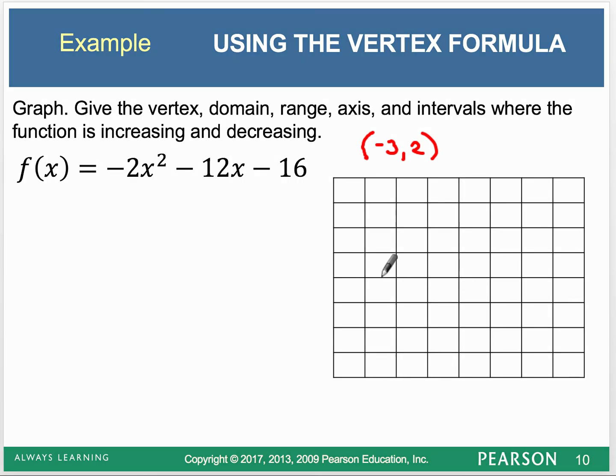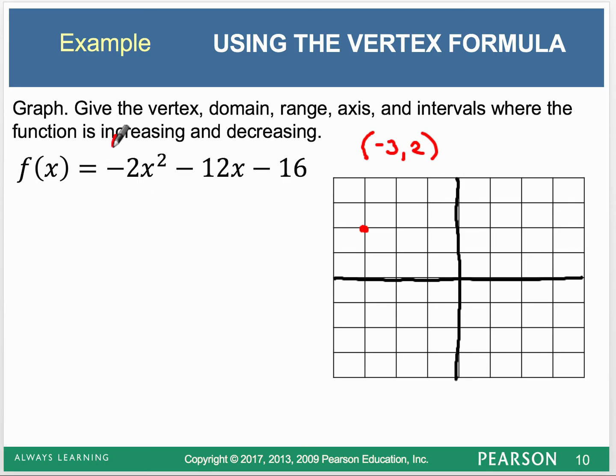Okay. I don't know where that pencil came from. All right. Negative 3, positive 2 is my vertex. It's kind of annoying me. Sorry. Okay.